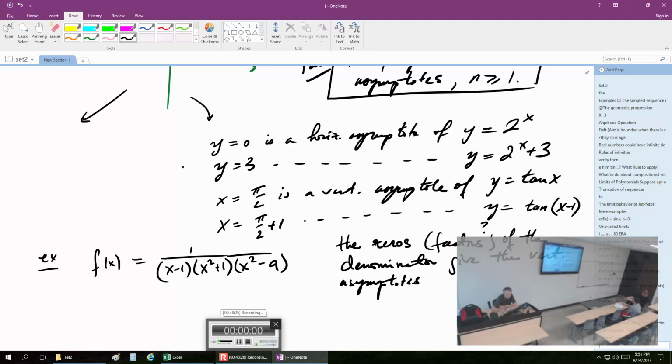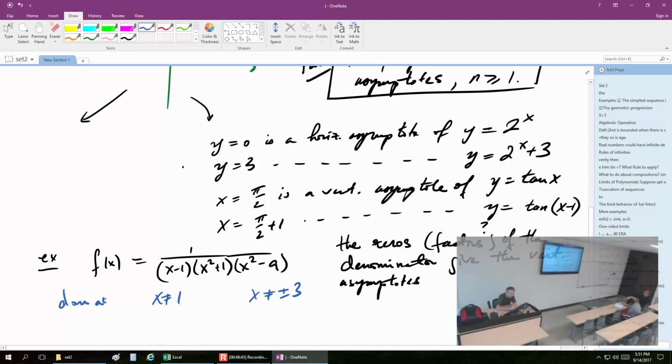So can you quickly point out what the asymptotes are here? X cannot equal 1. X cannot equal plus or minus 3. That's exactly right. That is simply describing the domain.